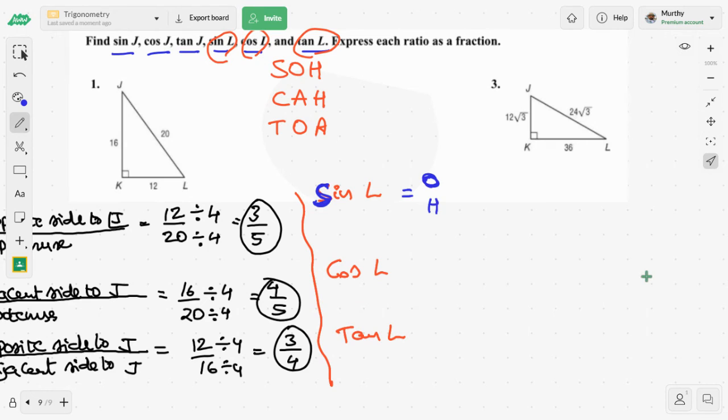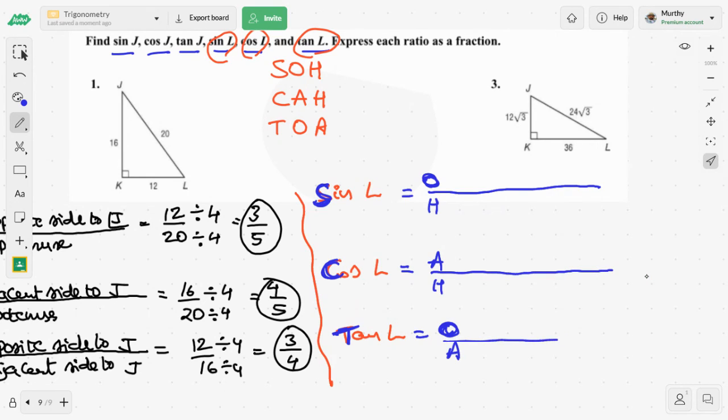SOHCAHTOA means S-O-H, C-A-H, and T-O-A. Once I write this way, then you can set up your fractions or the ratios.